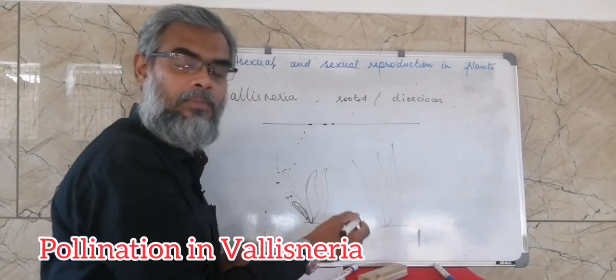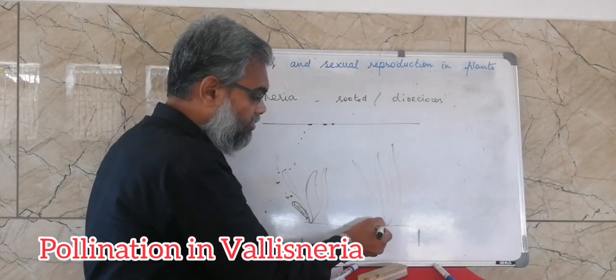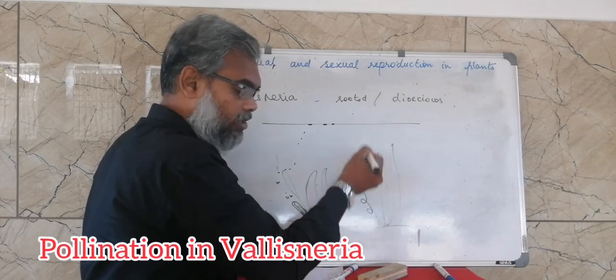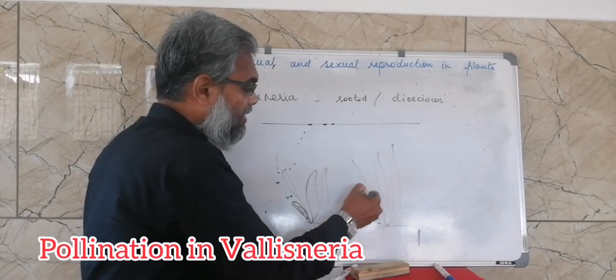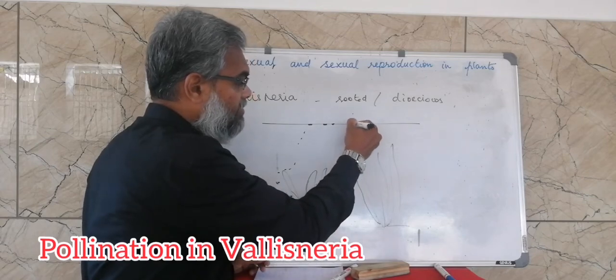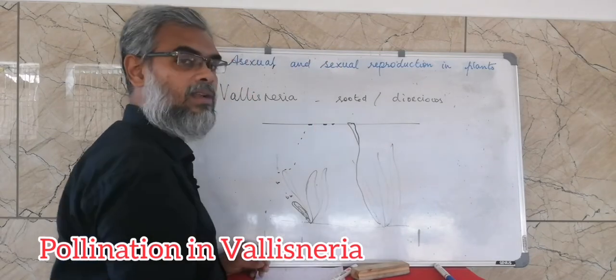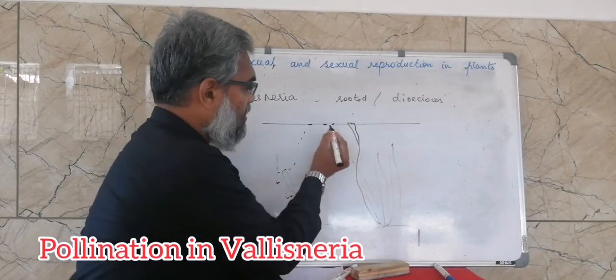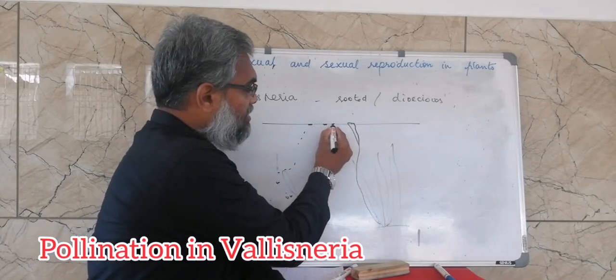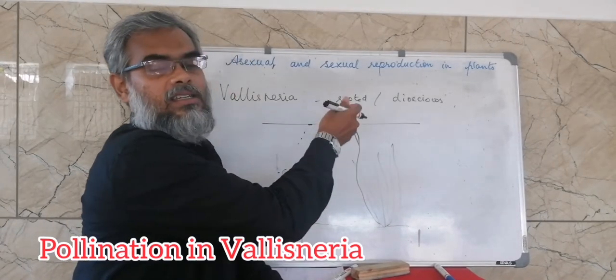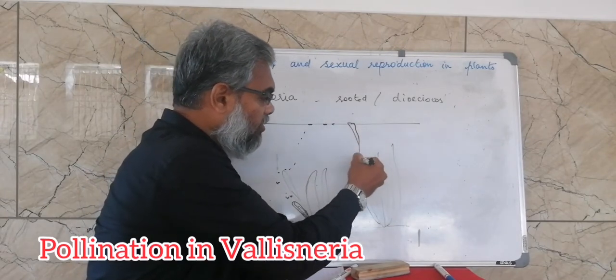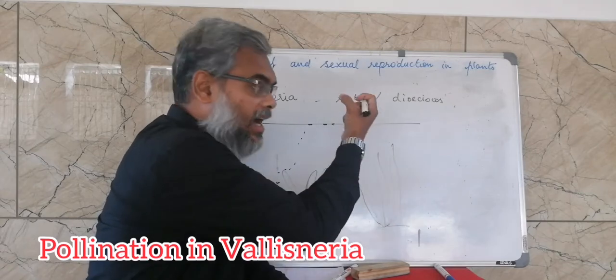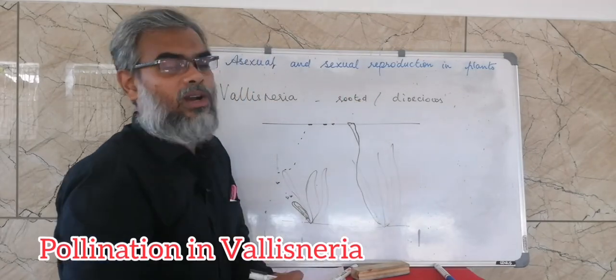In the female plant, when it is matured, actually it will be a coiled structure. It will uncoil and just come to the surface. The female flower comes to the surface. When the anthers reach this female part, then the pollination occurs.